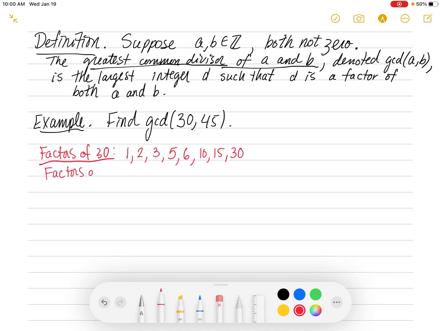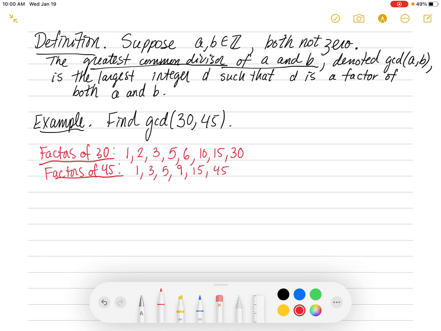And then I look at the factors of 45. 1, 3, 5, 9, 15, and 45.